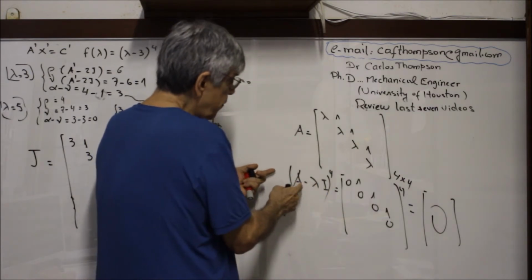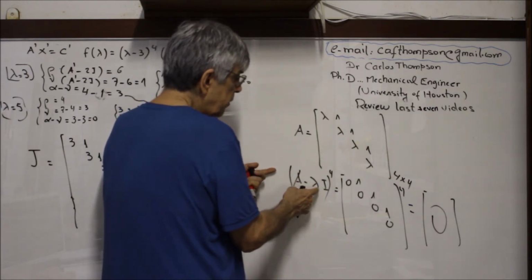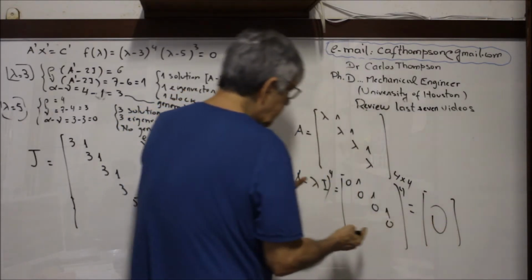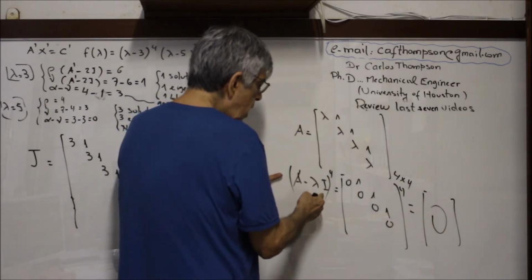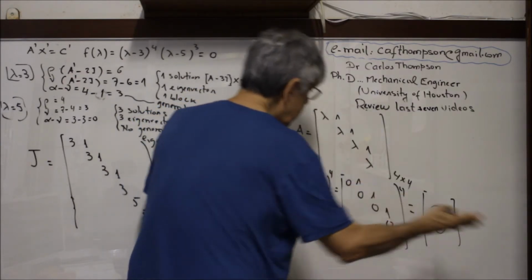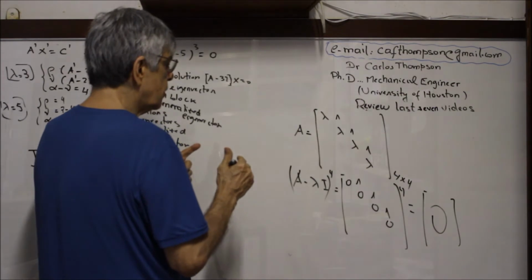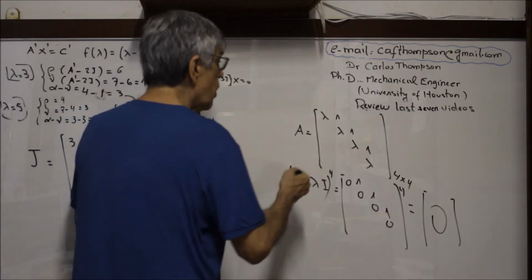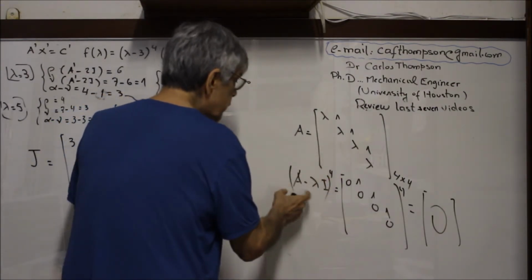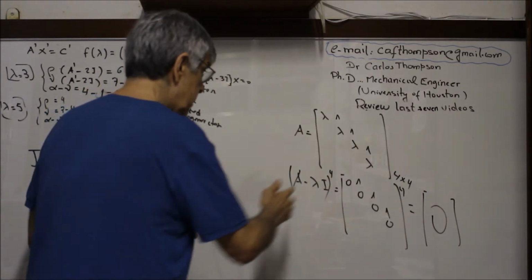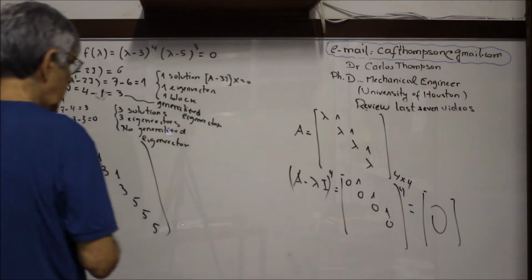Because if you have A minus lambda I to the power 5, obviously this will be 0. A minus lambda I to the power 10 will be 0. So this 4 is a minimal exponent in which A minus lambda I to the power 4 is equal to 0. This is a minimum number.